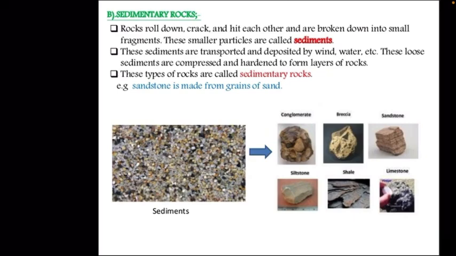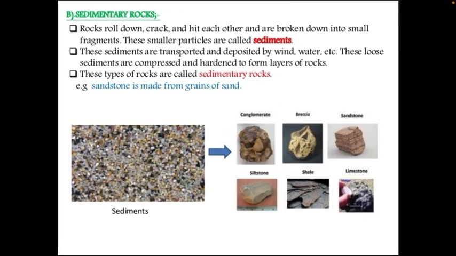When they are pressurized, they are hardened. And this layer of rocks is called the sedimentary rock. For example, sandstone is made from grains of sand. When the sand solidifies, it becomes sandstone.